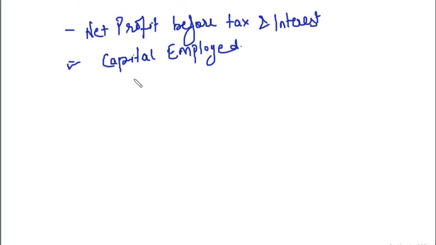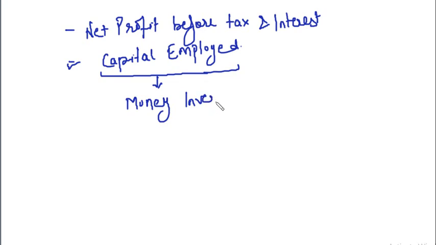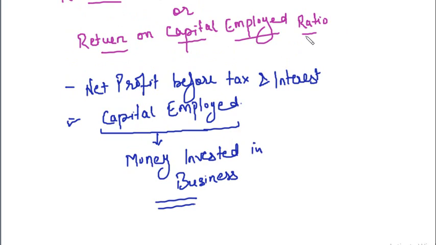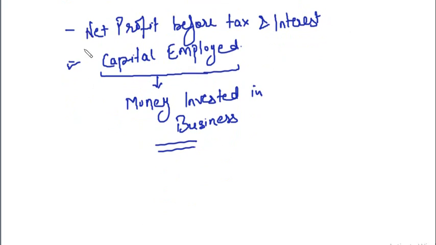Now what is capital employed? In very simple terms, capital employed is the money invested in business. Your money invested in business is capital employed, right? And what is the purpose of calculating this return on capital employed ratio?